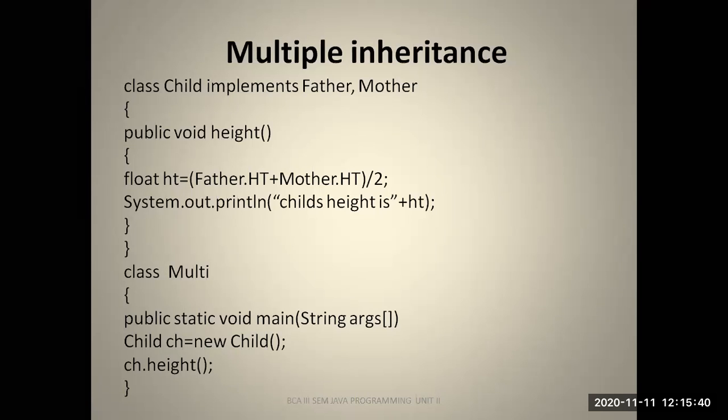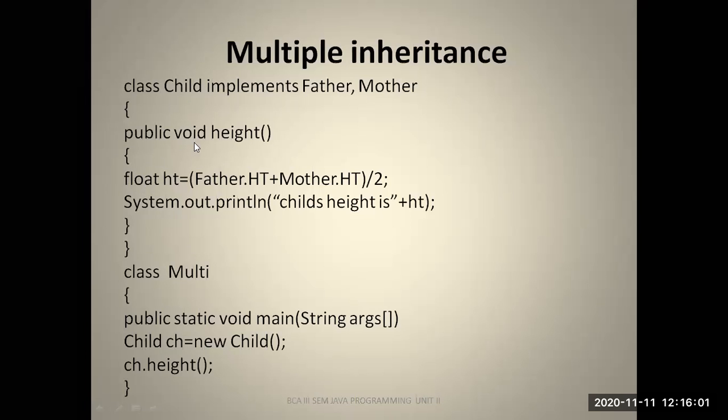We have a child class which is going to implement both the father and mother interfaces. We define a method called height, which is part of both interfaces. We can implement any one of the methods; it is up to the child class to define it.